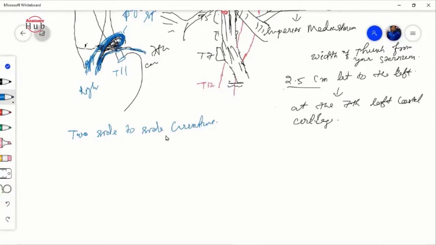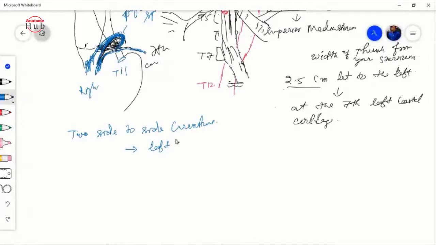So this side to side curvature means what? Both are going towards the left direction. First at the cervical part, then at the T7 part. Cervical part and T7 part deviate only to the left.